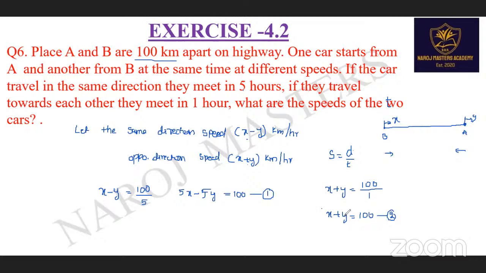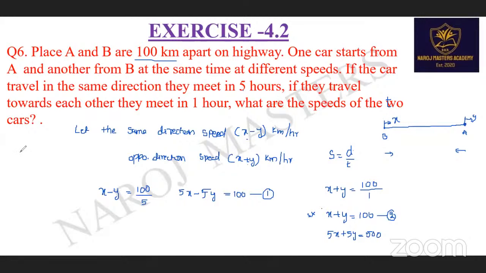So we got two equations here, a pair of linear equations. We can solve them graphically or by the elimination method. To cancel either the x terms or the y terms, we need to balance those terms first. Here we have 5x, 5y, and x plus y, so multiply the second equation by 5 and you will get 5x plus 5y is equal to 500.